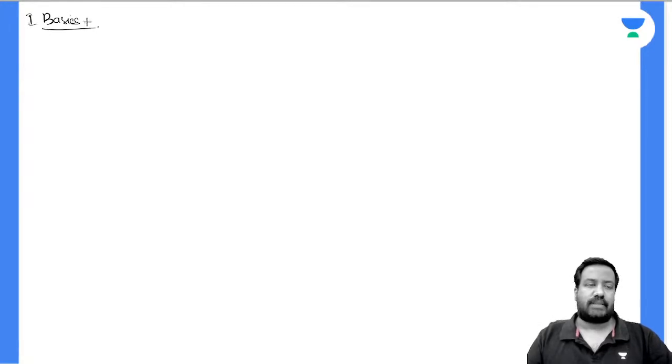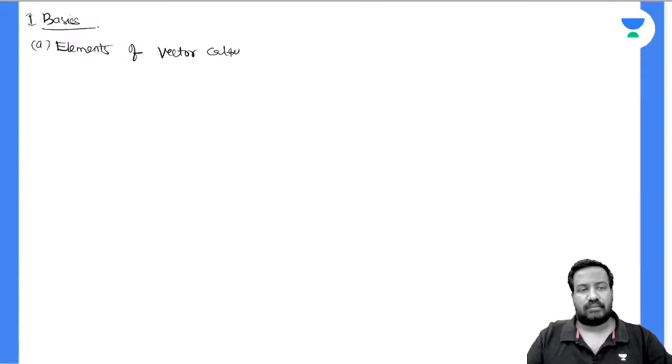So under basics, the first one is elements of vector calculus.